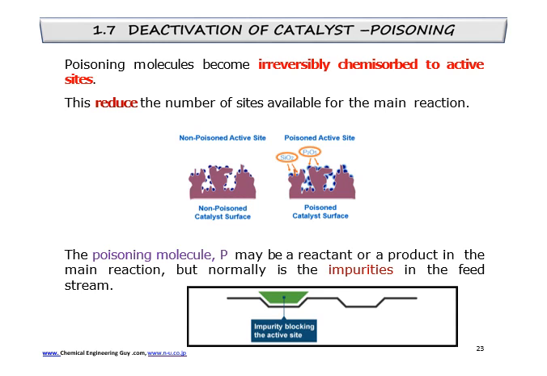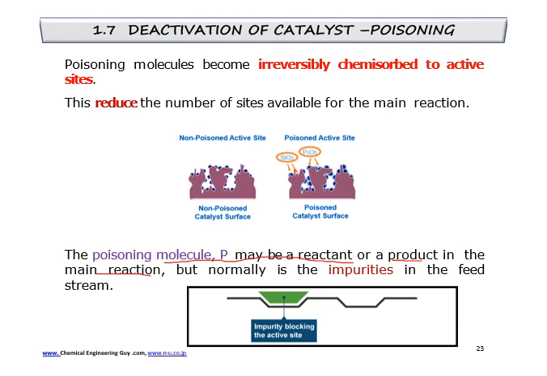Now let's have a look at deactivation of catalyst due to poisoning. So poison molecules can be from the reactant, or they can be molecules that are produced as a product in the main reaction.